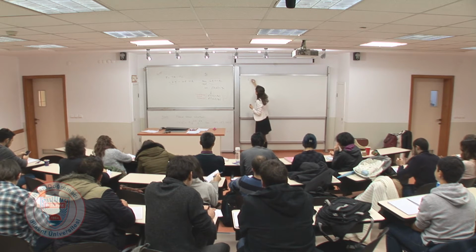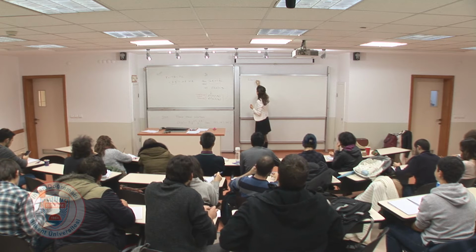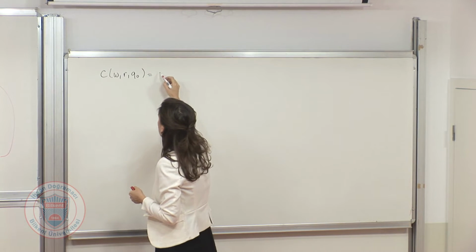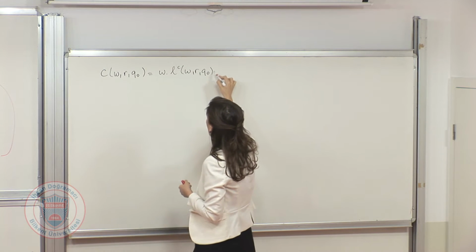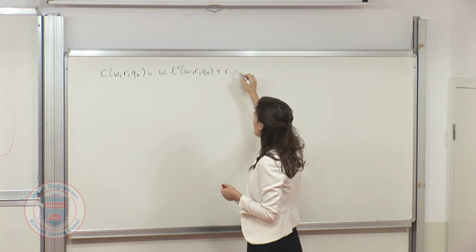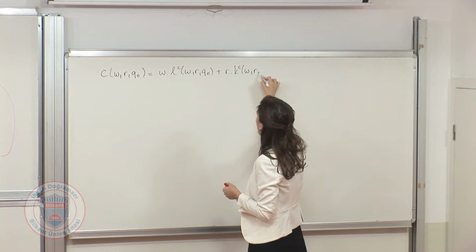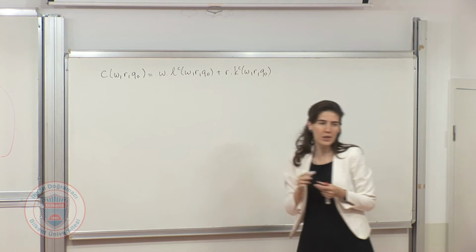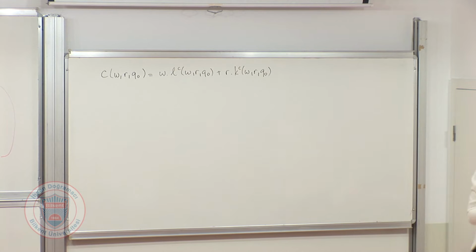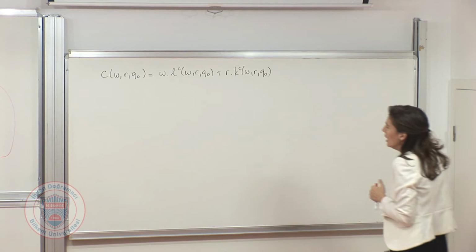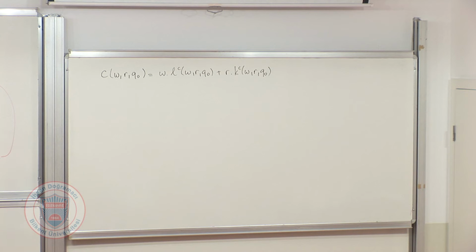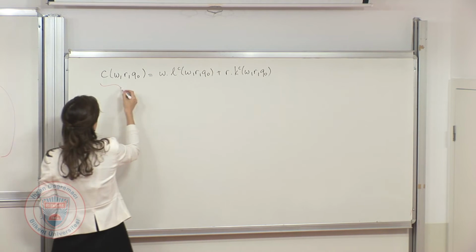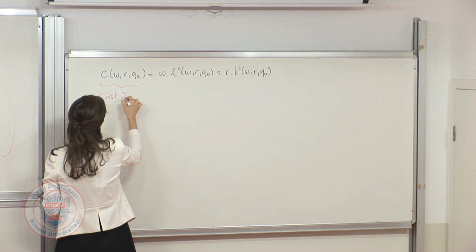This would also be a function of wage, R, and Q0, which is going to be wage times L^C(wage, R, Q0) plus R times K^C(wage, R, Q0), okay? So this is basically the case. So that's what we said. Now, this is actually the cost function, right? We called it. So this is called the cost function.